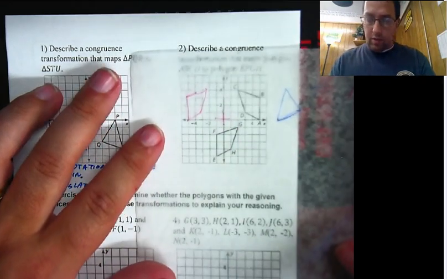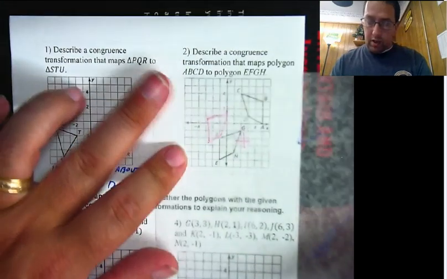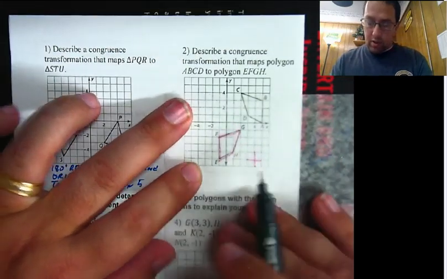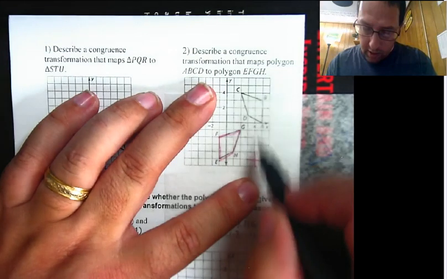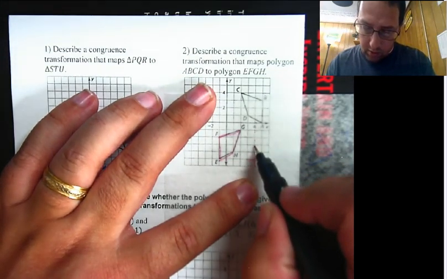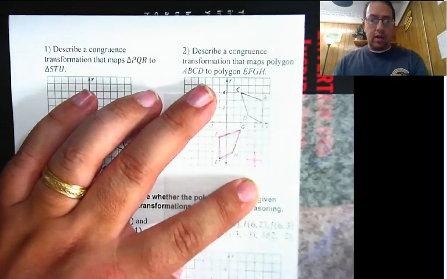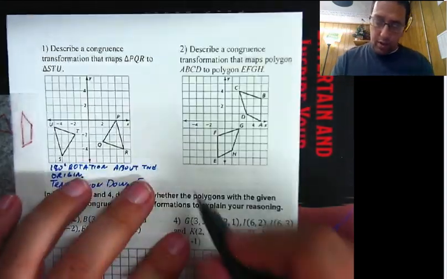So let's see, what did we do? We reflected it over the y-axis, and then we translated it down to, what point is that? That is 4 and, let's see, 1, 2, 3, 4, 5. So we translated it right 4 and down 5. All right.